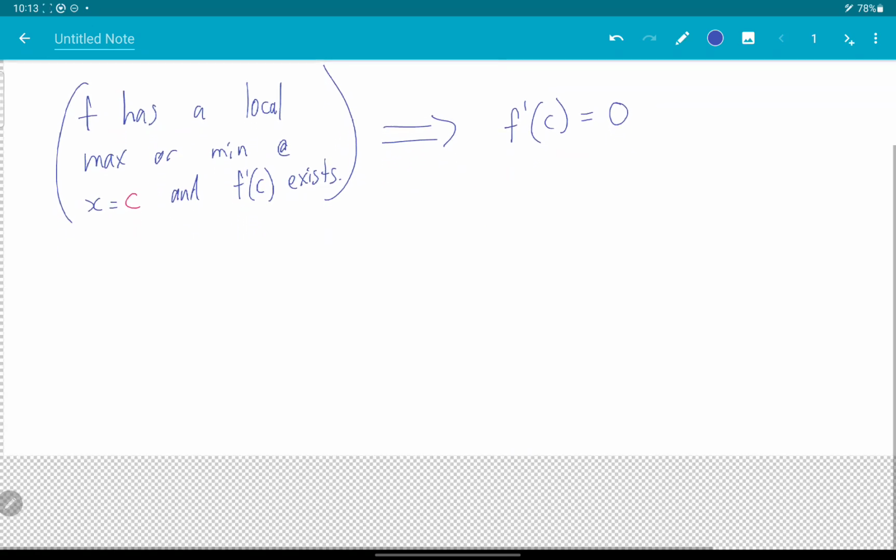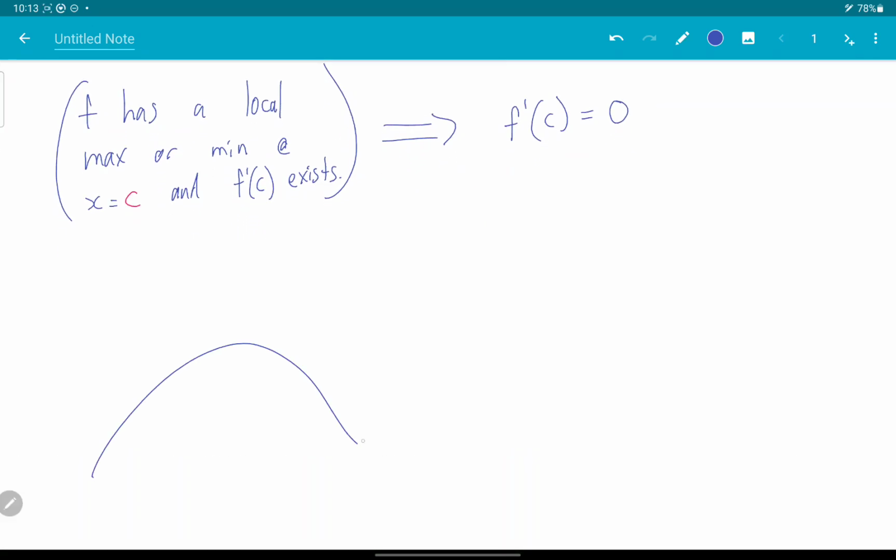Okay, so hopefully this makes sense. If you have a function, let's say you have a max or you have a min, and the derivative exists at c. So let's say here we have c, and here we have c.